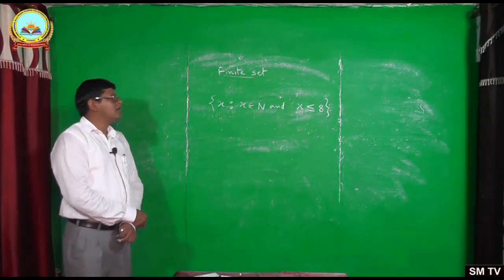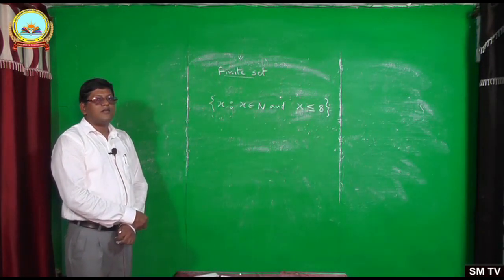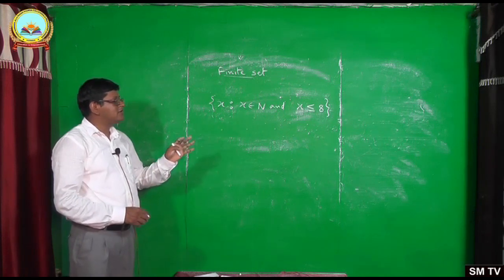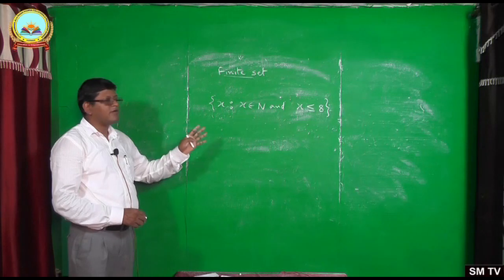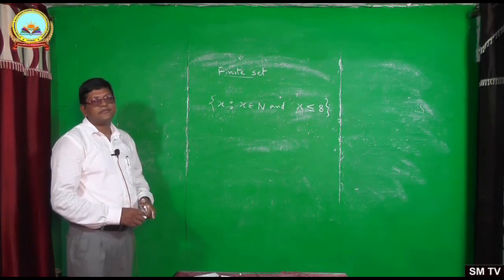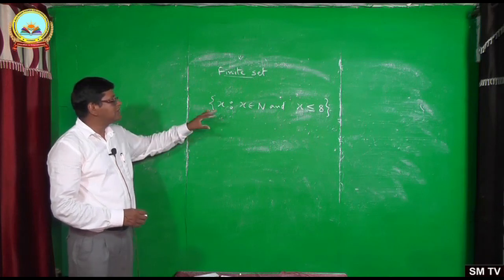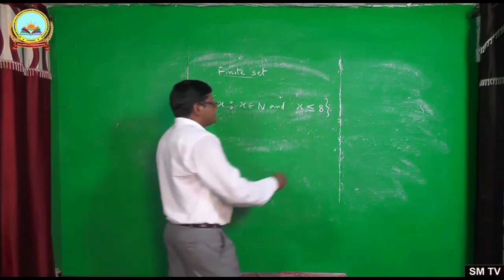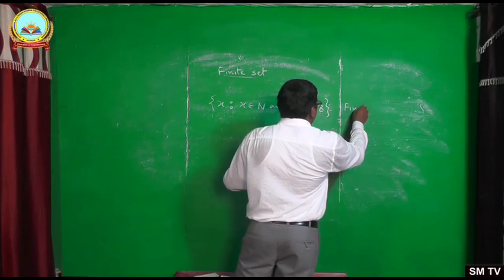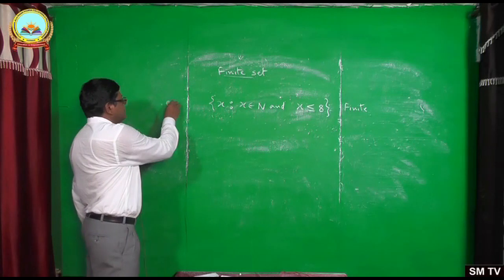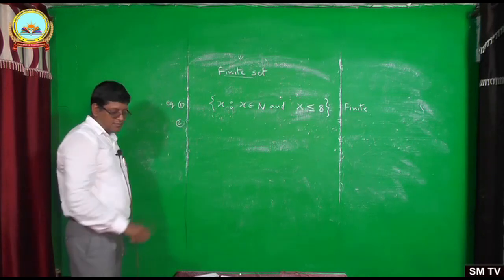This set contains the natural numbers 1, 2, 3, 4, 5, 6, 7 and 8. It contains a definite number of elements. Therefore, this set is a finite set. So, we'll take up one more example.